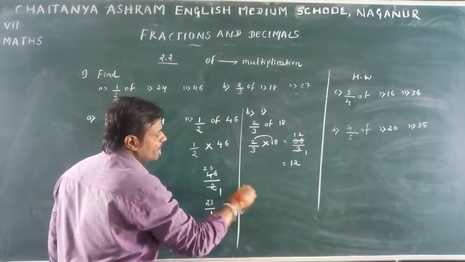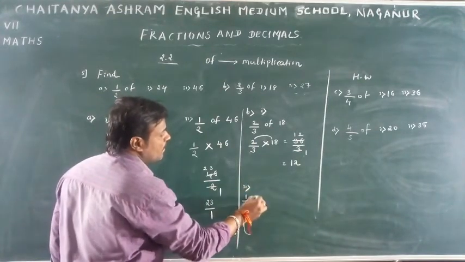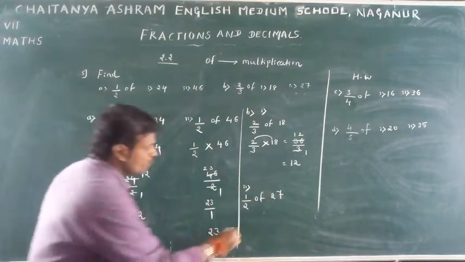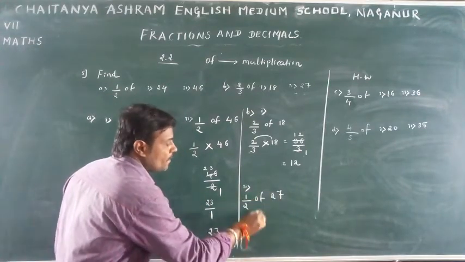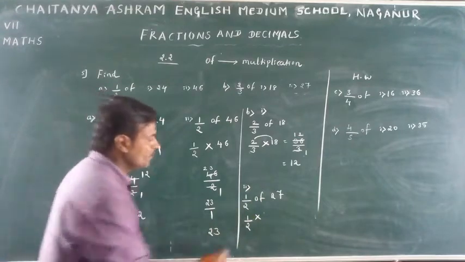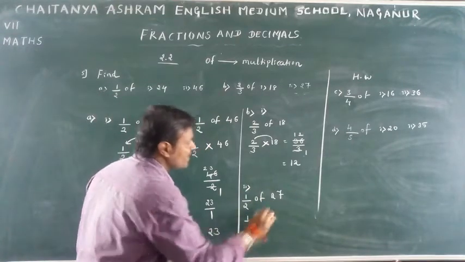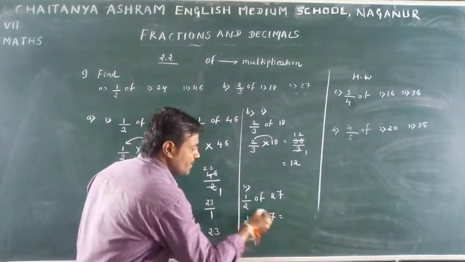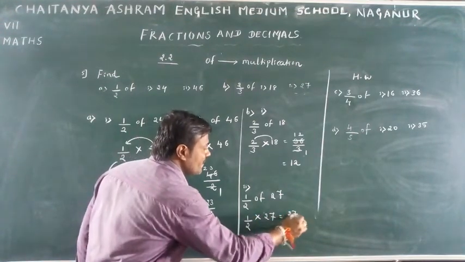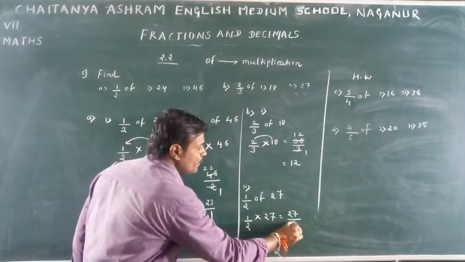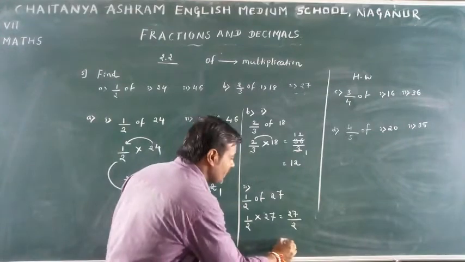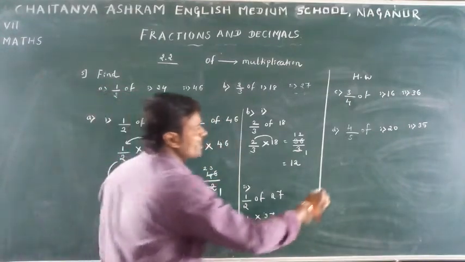Do it for 27. So that is the second one. Half of 27. Half of means multiplication. Then 27 into 1 is 27, divided by 2. What is half of 27? Okay, do the division process.